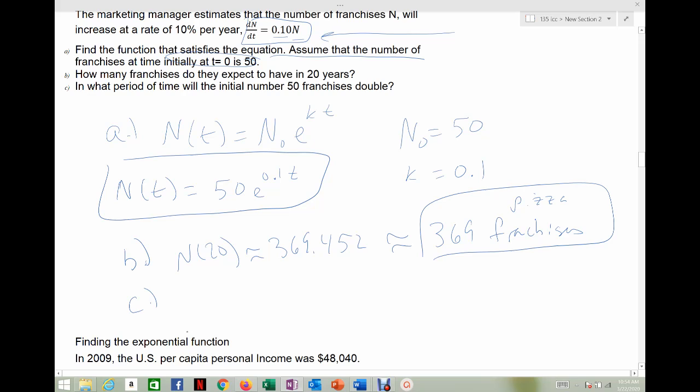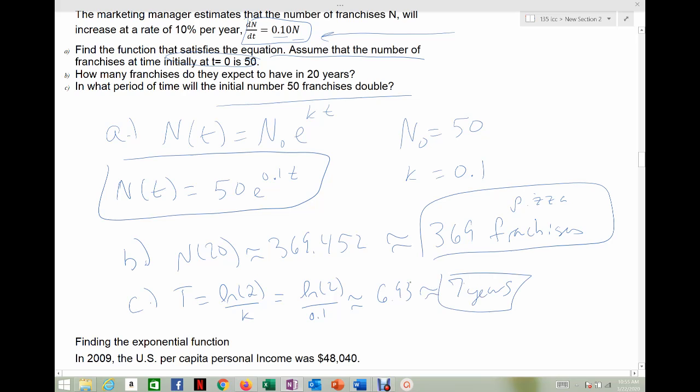All right, so C is asking for when will they double? So we started with 50. We want to know how long it'll take to grow to 100. So again, there are two ways to do this. You can either remember that the doubling time is the natural log of 2 divided by our growth constant. So in this case, it'd be the natural log of 2 over 0.1, and that comes out to 6.93, or I'd probably just round 6.93 to 7 years.